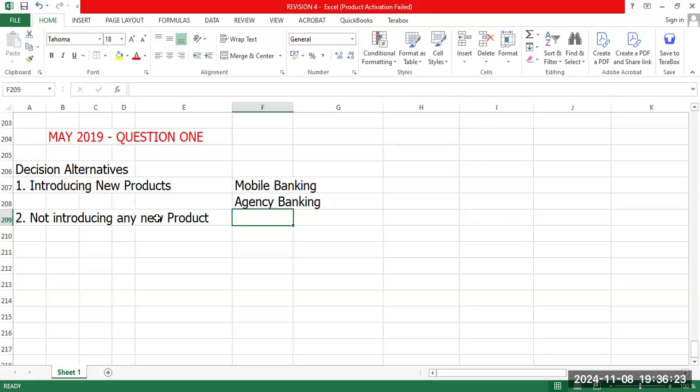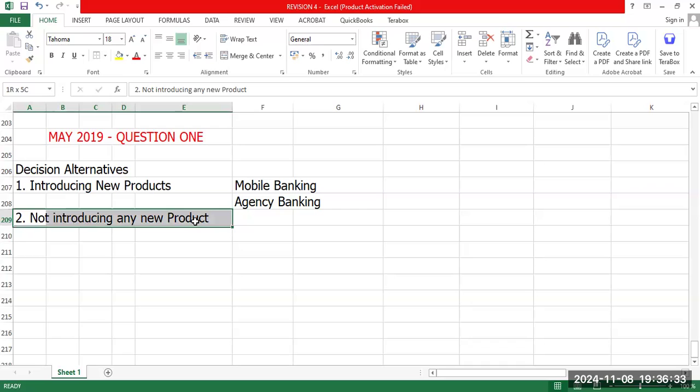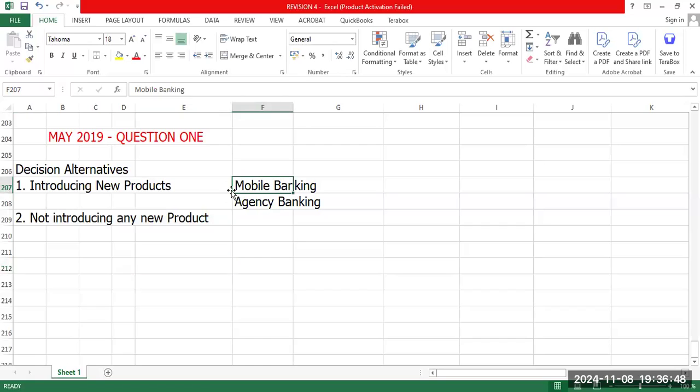The first option is introducing new products and not introducing any product. Because that option is there, it means that you have a product hidden here. You are not introducing any product, but there is a product you're offering as a company. So it means that here you actually have three options.